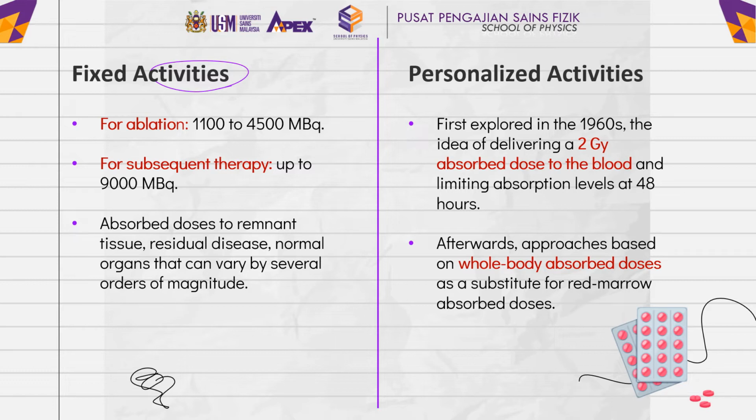For the personalized activities, first, the idea of delivering a 2-gray absorbed dose to the blood and limiting absorption levels at 48 hours. Afterwards, approaches based on whole body absorbed doses as a substitute for red marrow absorbed doses.